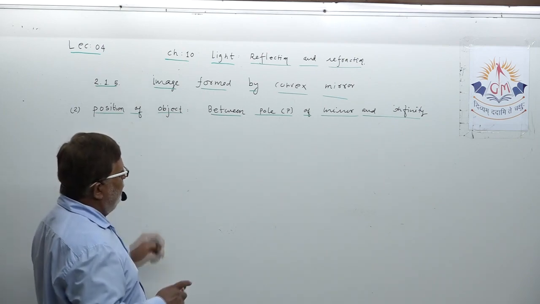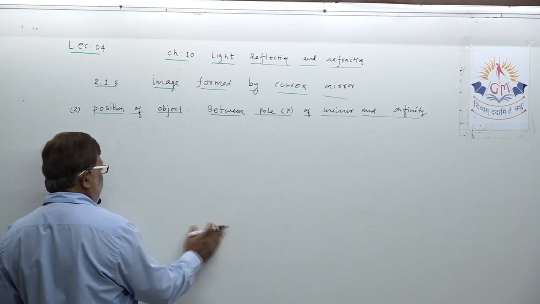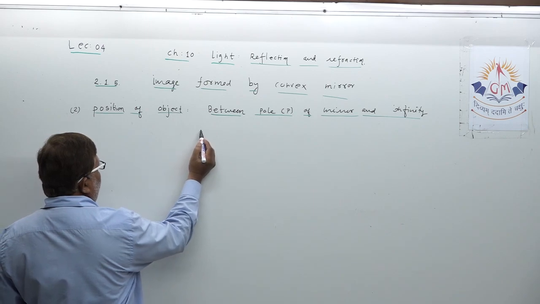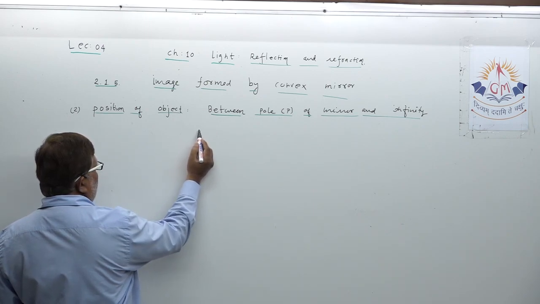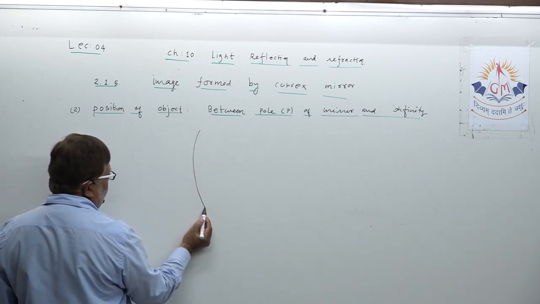What happens, dear student? Let us try to understand the image formation. First, as you all know very well, draw the properly curved convex mirror.